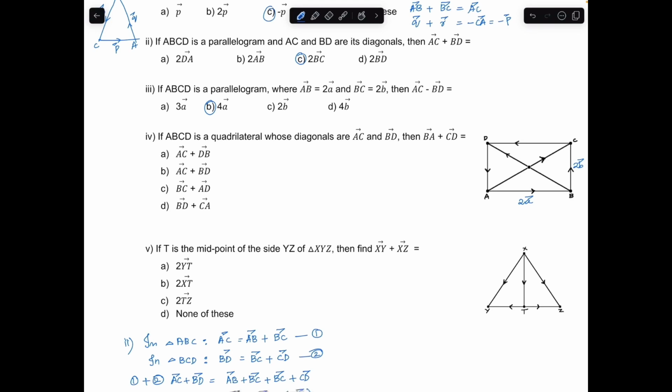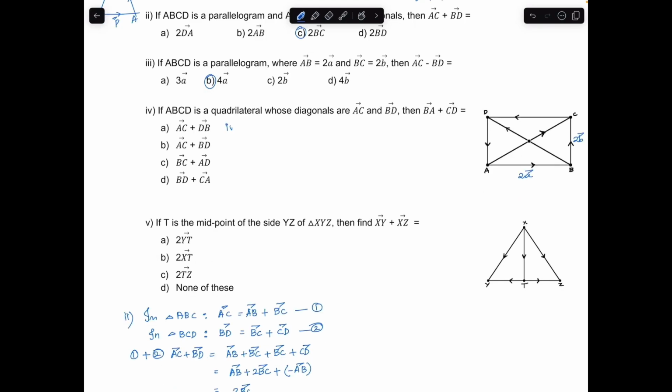Subdivision 4. If ABCD is a quadrilateral whose diagonals are AC vector and BD vector, then BA plus CD is equal to. From equation 1, we get AC is equal to AB vector plus BC vector.